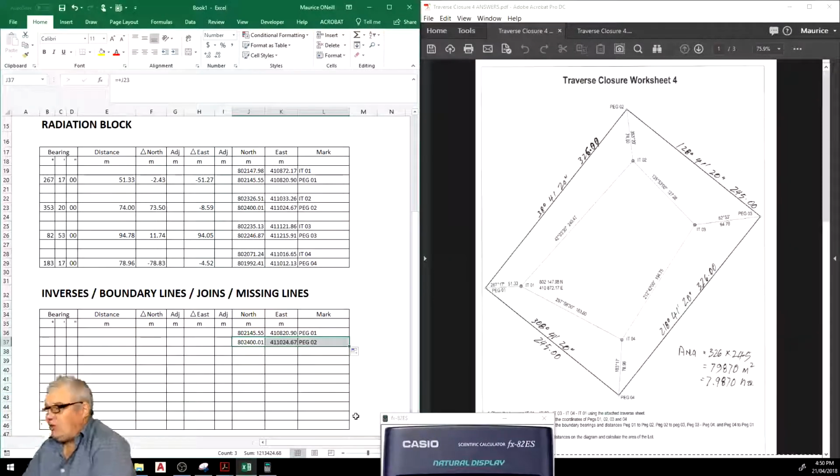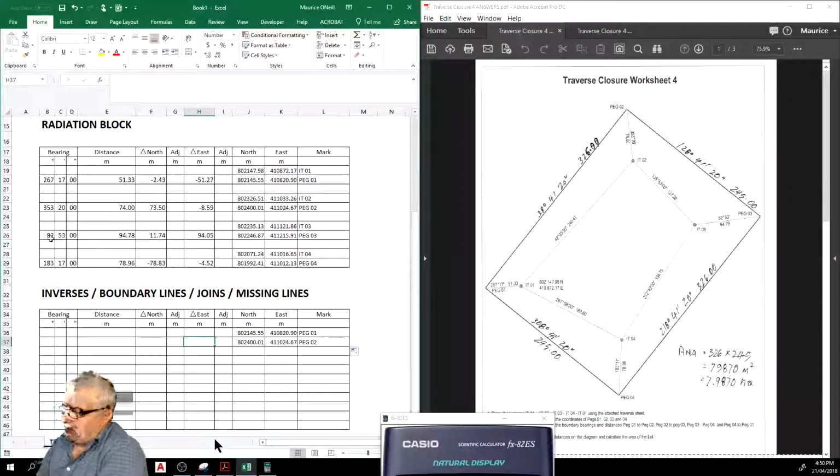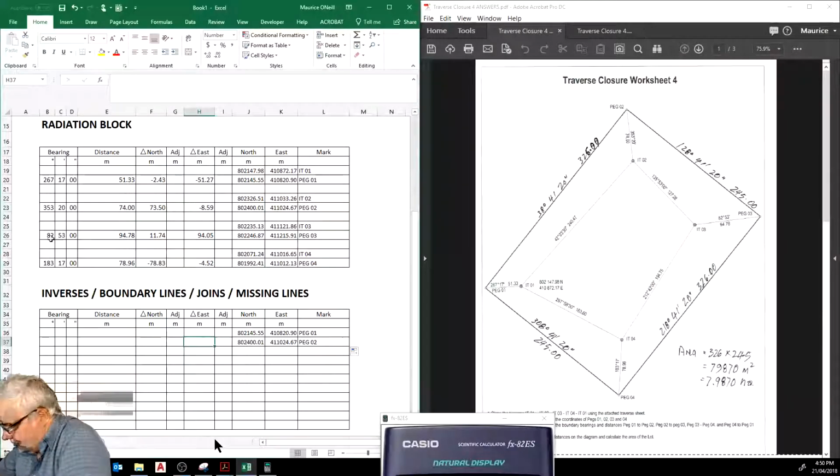So these are called inverses. Normally we're going in this direction, but in other situations, no. So what we're doing here is we want to calculate the bearing and distance. Here we've got to go back, so it's using the inverse. So now it's a matter of calculating what the difference east is.